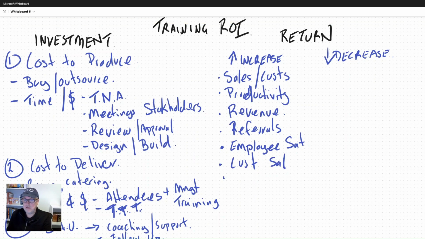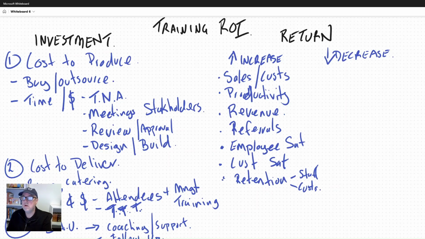And then lastly, retention. So retention of, again, your staff and your customers, keeping the ones that you have.